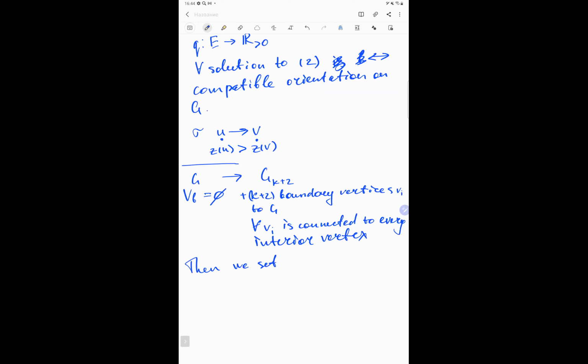Then we set distinct values, it is very important, Z_i in V_i for every i in this set.